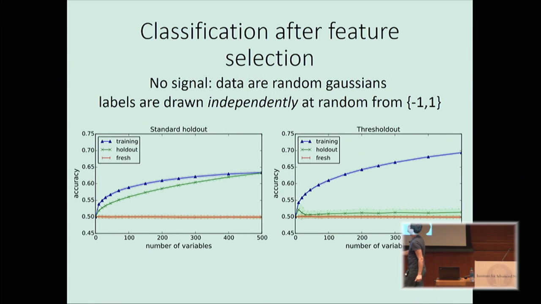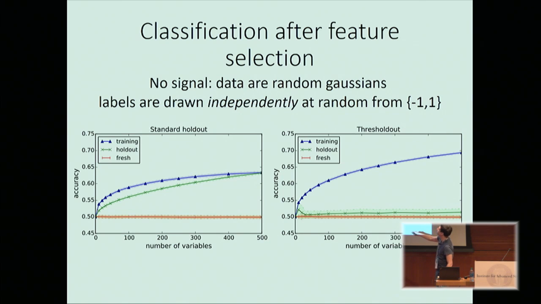And what are these lines? The red line is the real error rate of the linear model learned. In this setting, every model has error 50% because the labels are actually independent of the features. The blue line is the apparent error rate on the training set, and the green line is the apparent error rate on the holdout set.